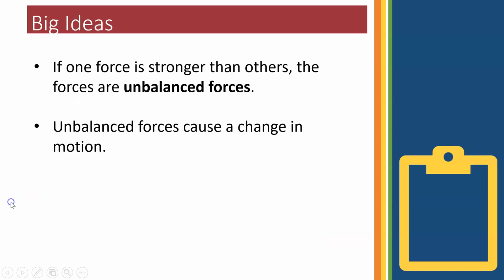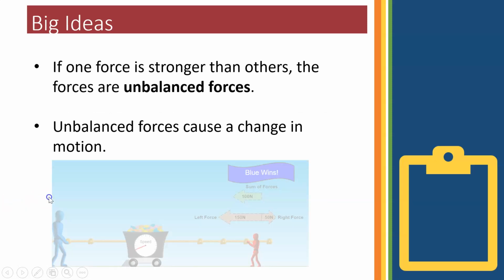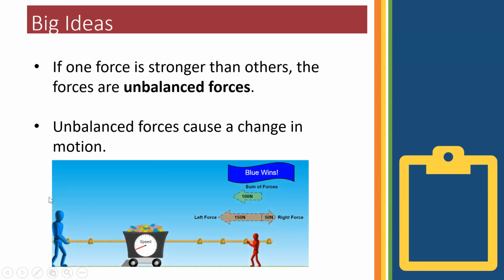But we also figured out that if one force was stronger than the other, the forces were what we call unbalanced, and this could actually cause a change in motion. We saw that in our tug-of-war simulation when we looked at the sum of the forces. You can see here we added up 150 and 50 in the opposite direction. The sum was 100, and the blue side actually won.